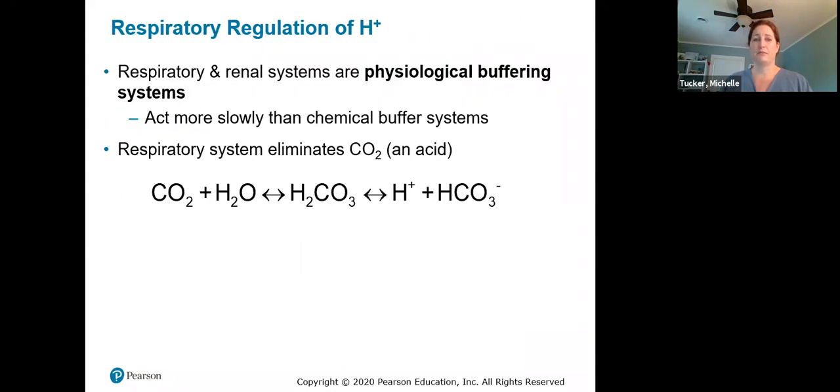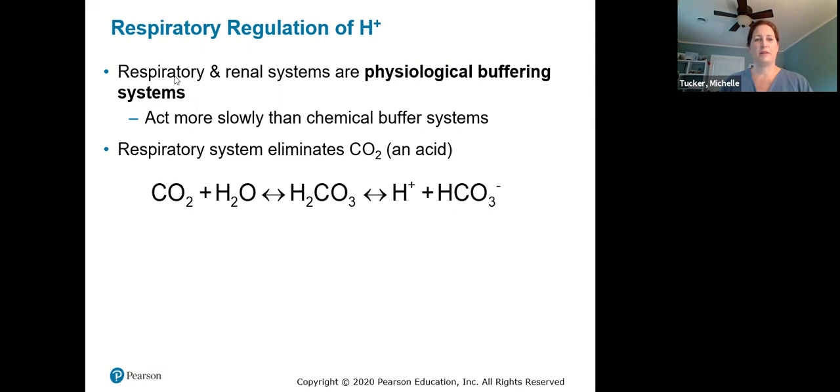We are now going to move on to the respiratory and renal systems. They do act more slowly than chemical buffers. So respiratory is in minutes to hours, even days. It has a prolonged effect, but then renal will take hours, days, and it can stay in effect for weeks.